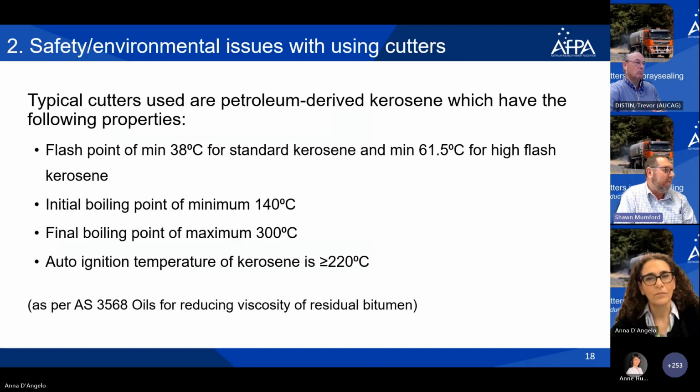Initial boiling point of those products is 140 degrees, and the final boiling point is about 300. Auto ignition temperature of kerosene is greater than or equal to around 220 degrees. And most of that info is available in the Australian standard 3568, oils for reducing viscosity of residual bitumen.